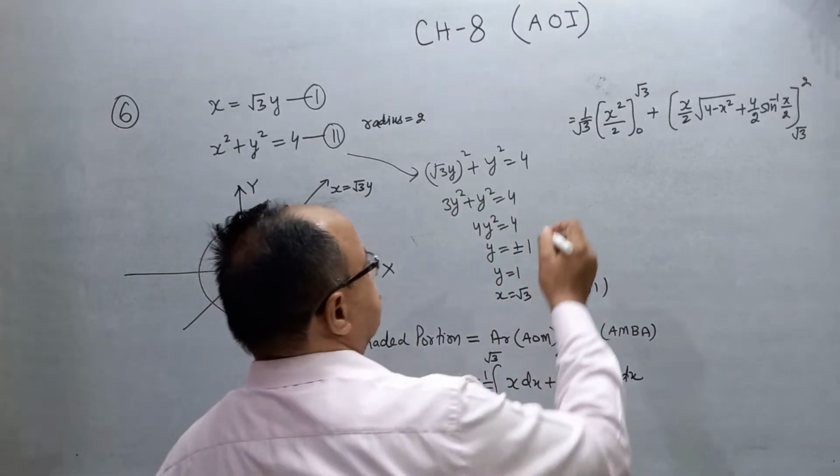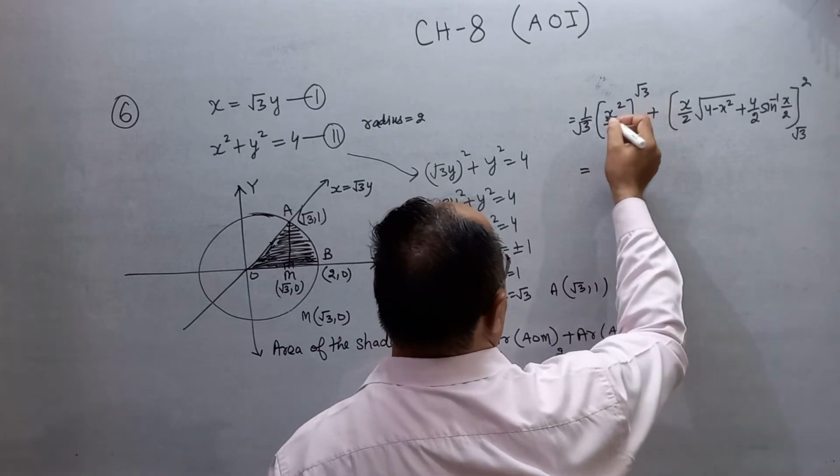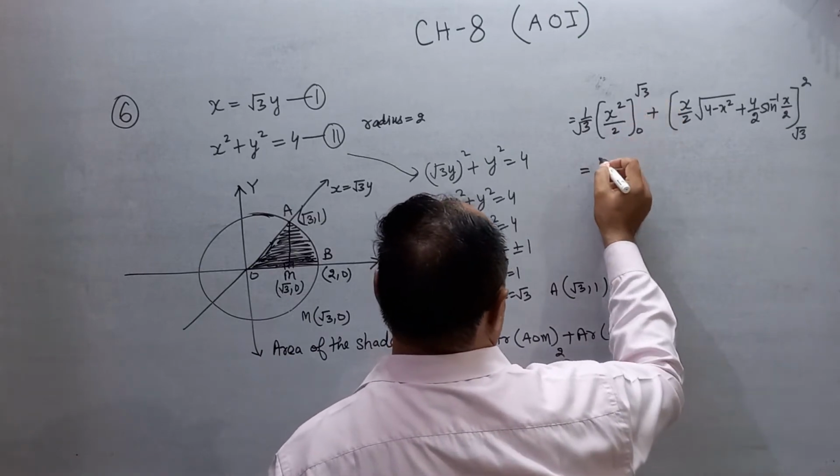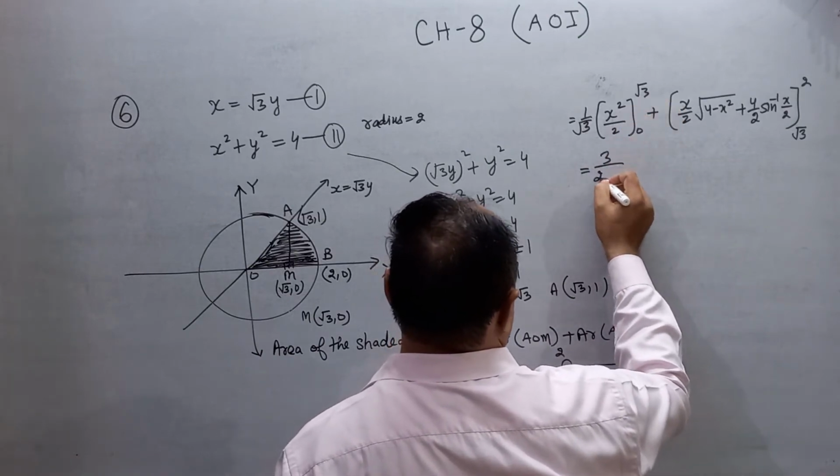Now you can put the value, upper limit minus lower limit. Root 3 whole square, that is 3, it means 3 by 2 root 3.